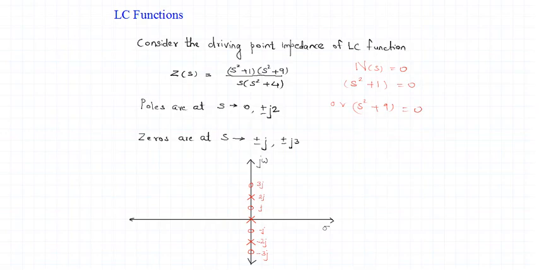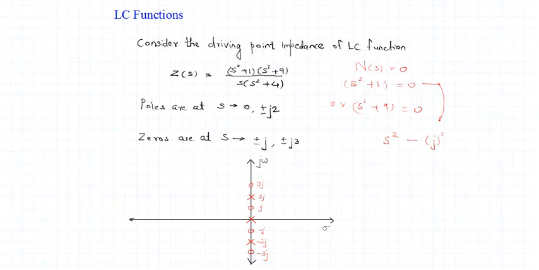So how do I simplify this particular term? s square plus 1 can be written as s square plus j square. We can write s square plus 1 as s square plus j square. j square is nothing but minus 1. So we can write it as s square minus j square.